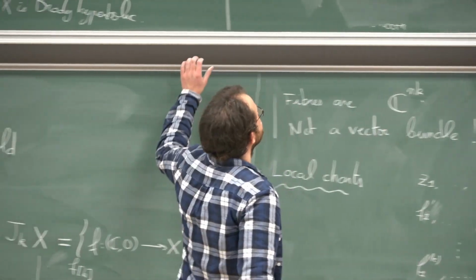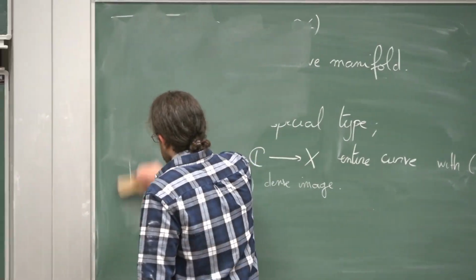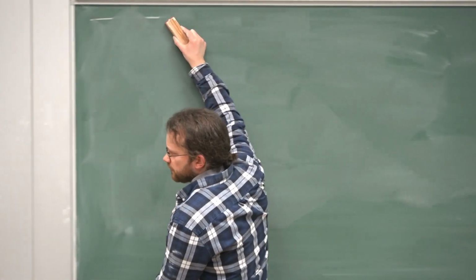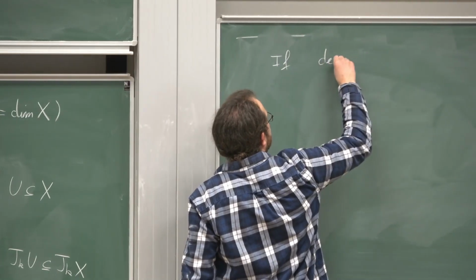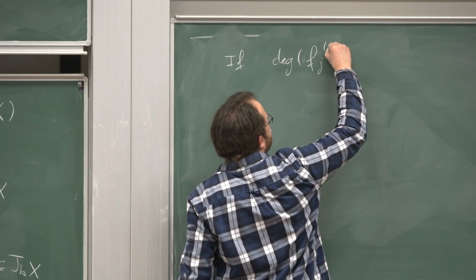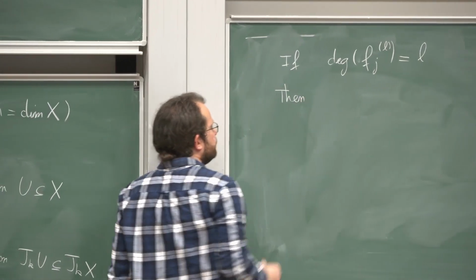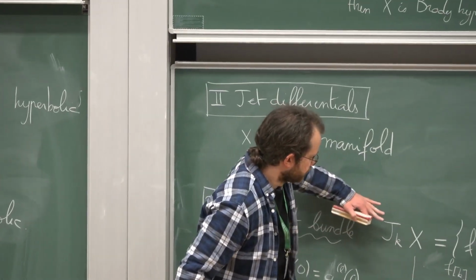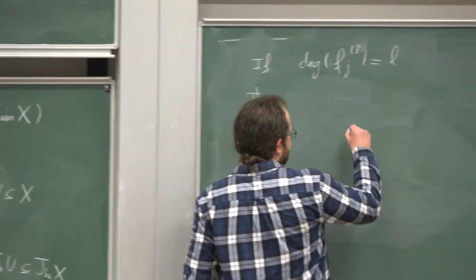These are the vertical coordinates. And so if you now give weights to these coordinates, which turn out to be the weights given by the reparametrization by C star, let me give to each f_j derived l times the degree l. Then we obtain a graded algebra if you push forward to X the structural sheaf of J_k(X).